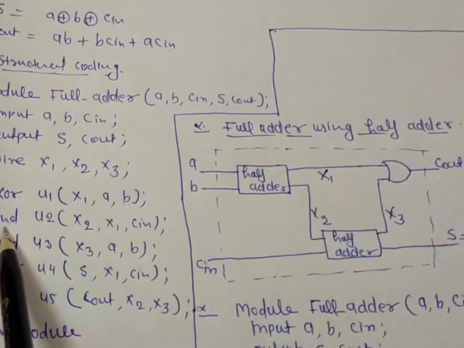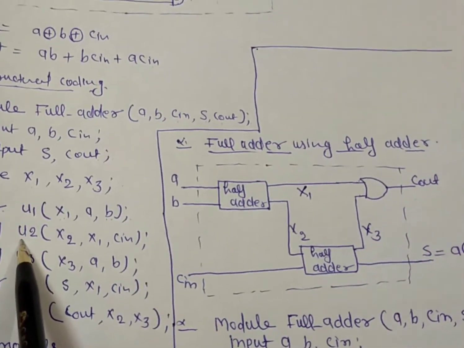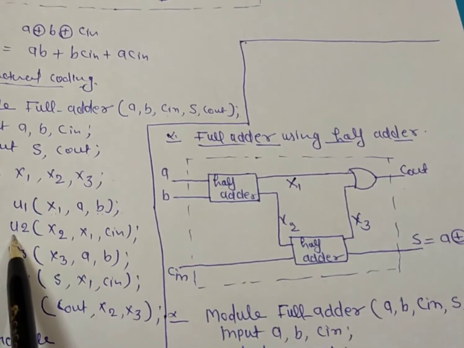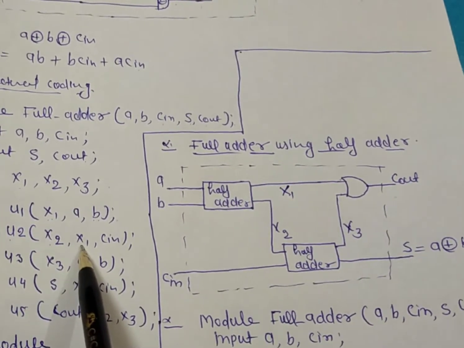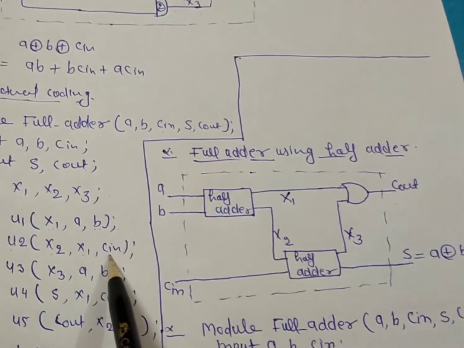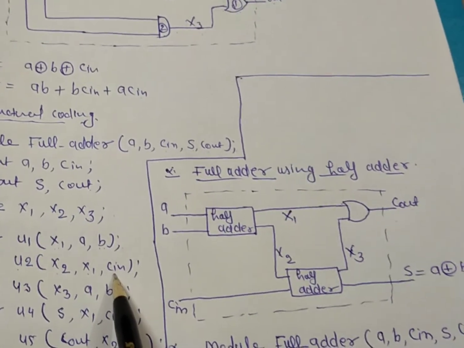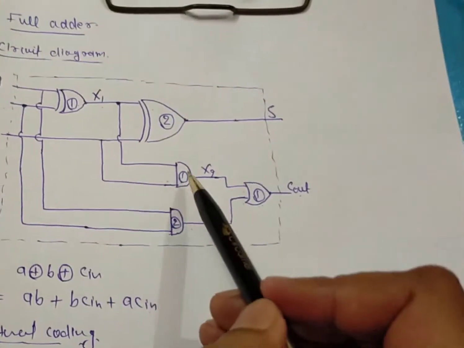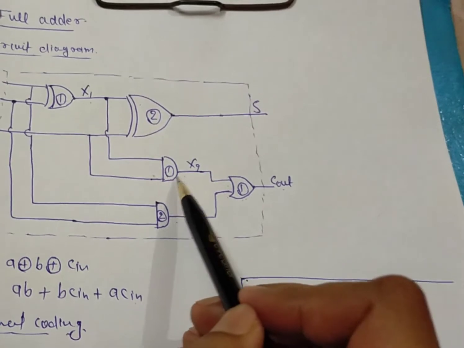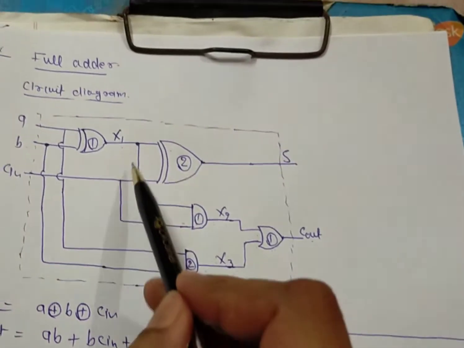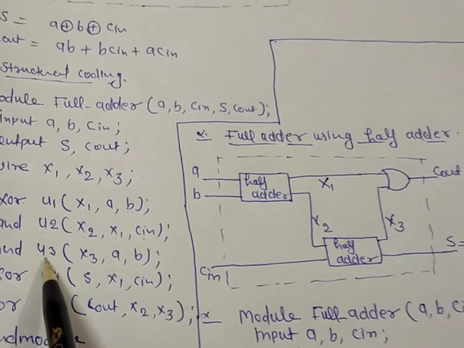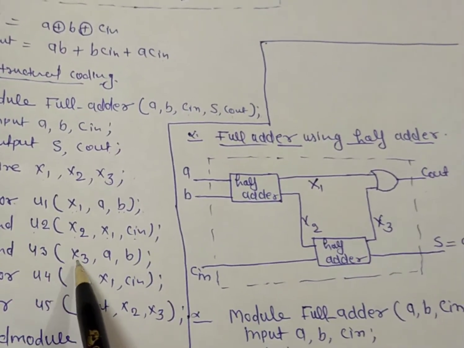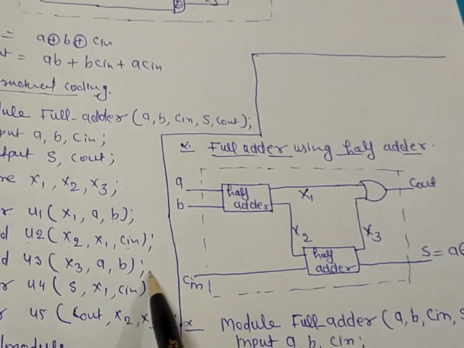Then write the AND gate, with any random variable U2, then X2 the output of the AND gate, X1 is the input of the AND gate, and C in is also an input of the AND gate. Coming to the figure, this AND gate output is X2 and input is X1 and C in. Then write the next AND gate, random variable U3, X3, A comma B, then semicolon.